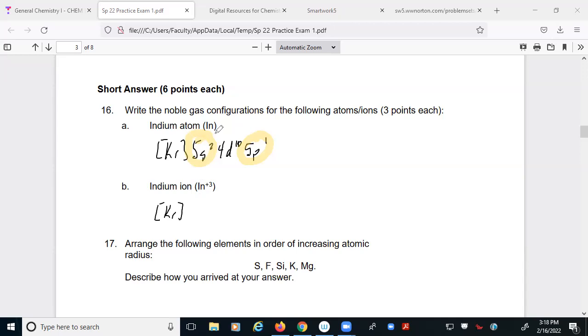So when we go from indium to indium-3, notice we're going to lose these 3 outermost electrons, the ones in the 5th energy level. That means that all that's left over is the 4d10.